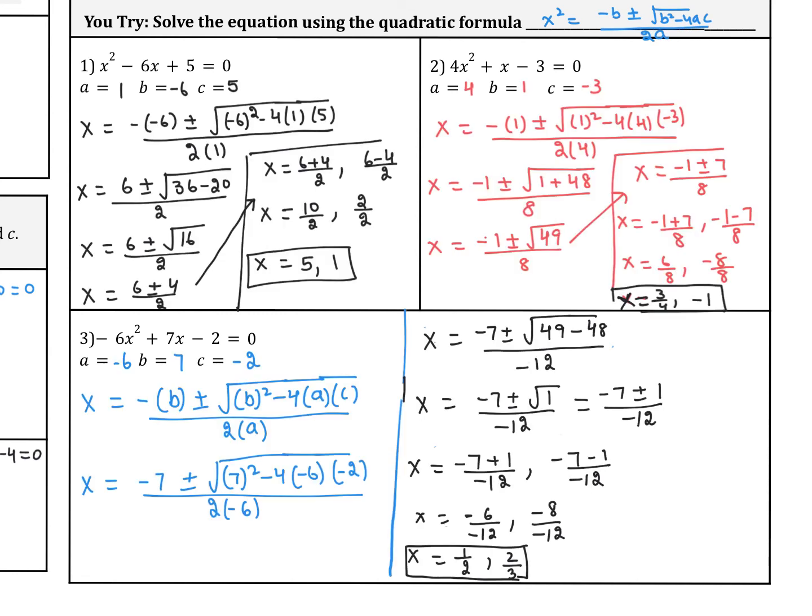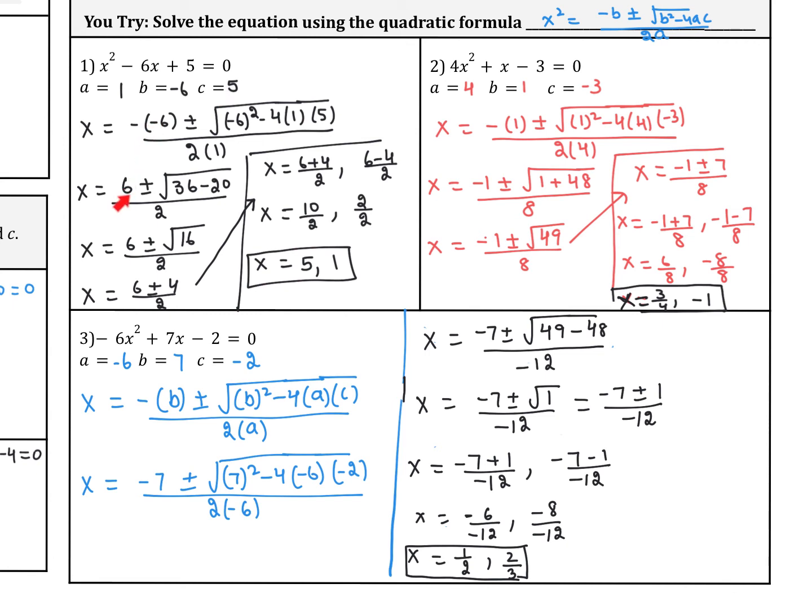So for question number 1, I listed A as 1, B as negative 6, and C as 5. And I plugged it into the formula: negative B. Since there is a negative in the formula and a negative from the B, it makes a positive 6. So negative times negative 6 plus or minus the square root of negative 6 squared, B squared, minus 4AC.